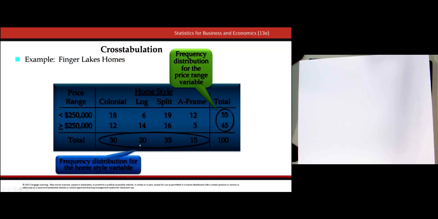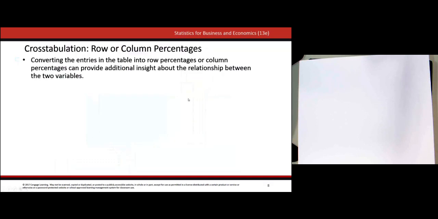And this is the frequency distribution for the home style variable: 30 colonial, 20 log style, 35 split, and 15 A-frame. We can also obtain row and column percentages to gain additional insight about the data.